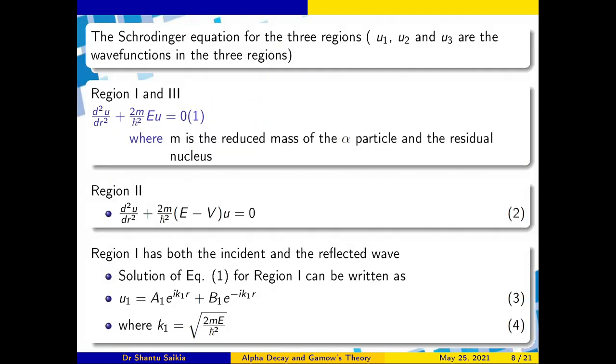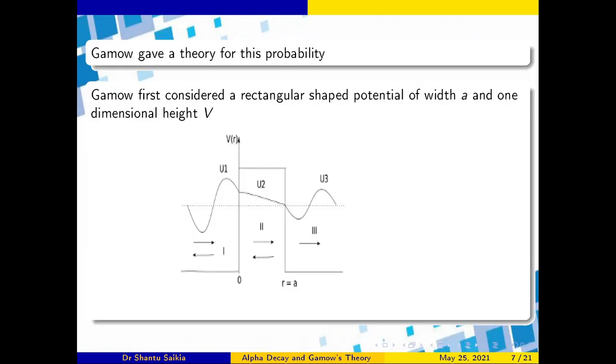So if you see here, these are the two regions, R is equal to 0 and R is equal to A. U1 should be equal to U2 and the first derivative of U1 should be equal to the first derivative of U2. These come from the requirements of the continuity of the wave function, meaning the continuity of the probability of the particle in these two regions.